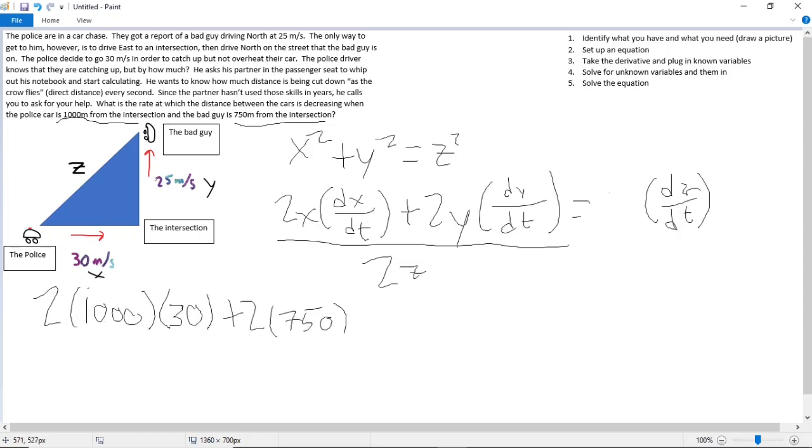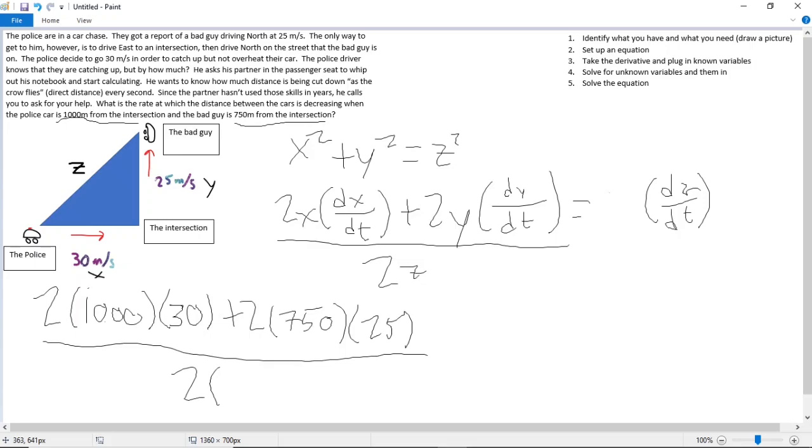So 750 times the change in y over time, so that'd be 25 meters per second, all over 2 times z. But we don't know z.